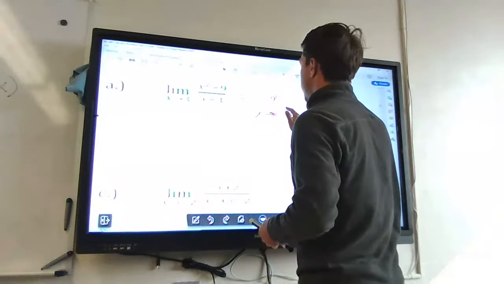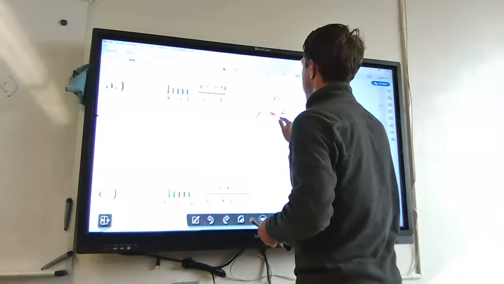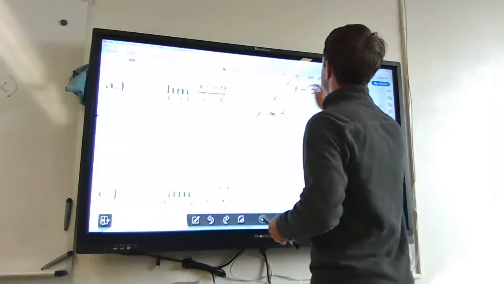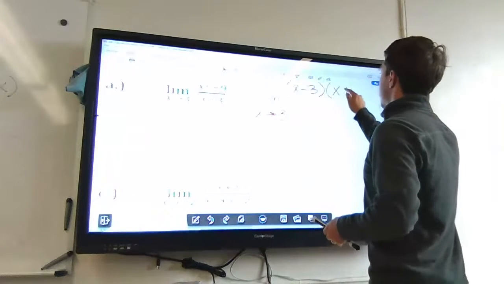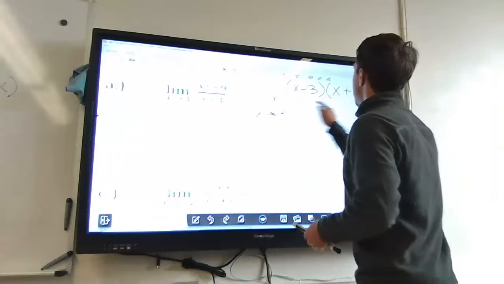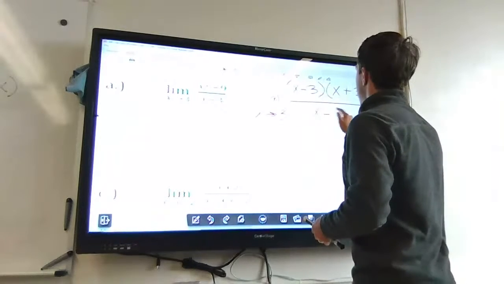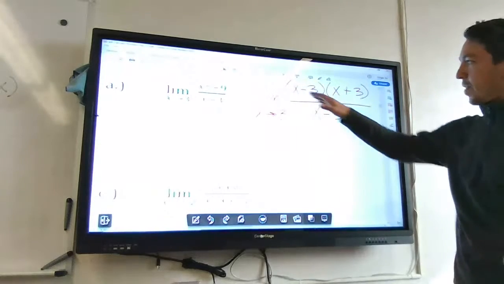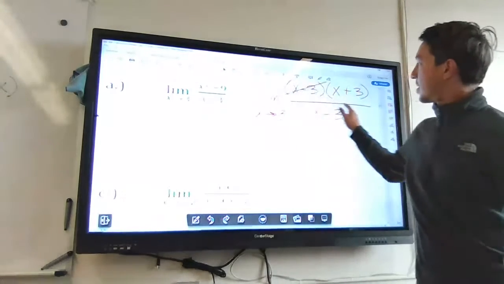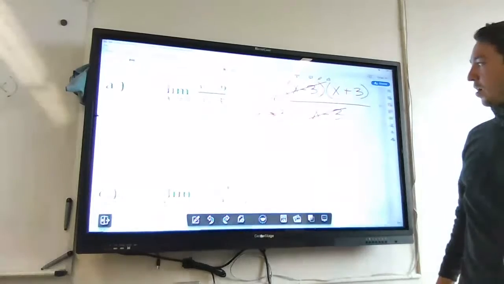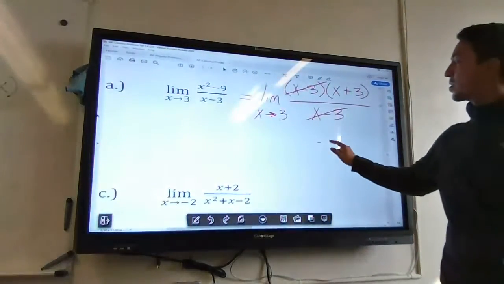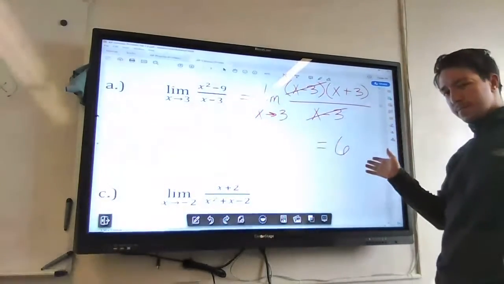I don't know how many of you are planning to take the AP exam, but it's good to know either way. It's not just the AP exam. I'll clarify in a second. The next correct step is to factor the top. You can cancel out the bottom. And now you say, well, what happens if I plug in 3 now? What do I get? 6. So the answer is 6.